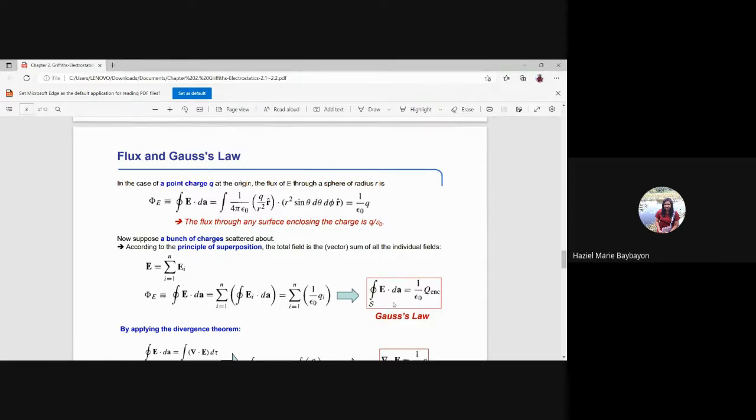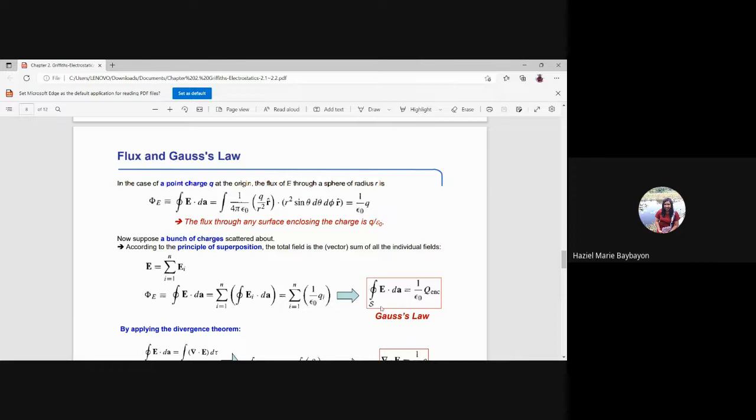Or, in other words, we can generalize this using this equation. The closed integral of E dot dA is equal to all the enclosed charge over epsilon naught. So you can just add all the enclosed charges, Q1 plus Q2 plus Q3 and so on, and then divide that by epsilon naught, so that is the flux.